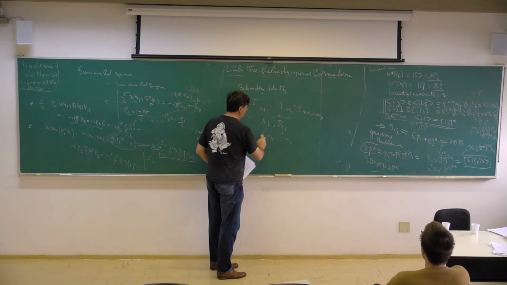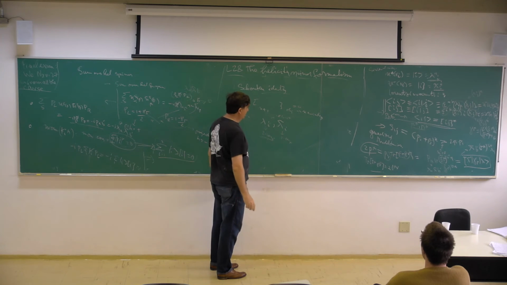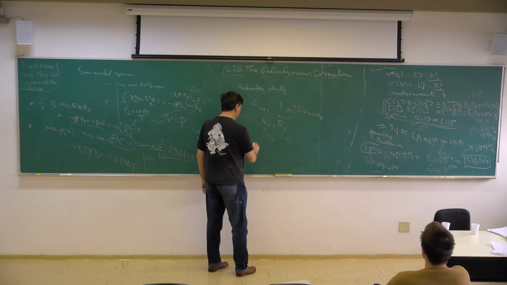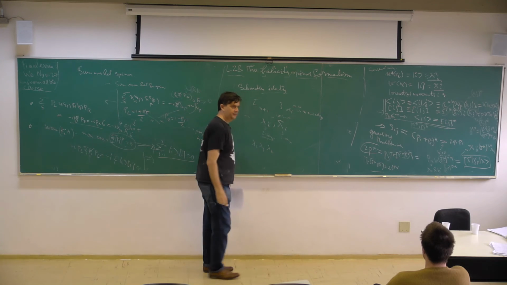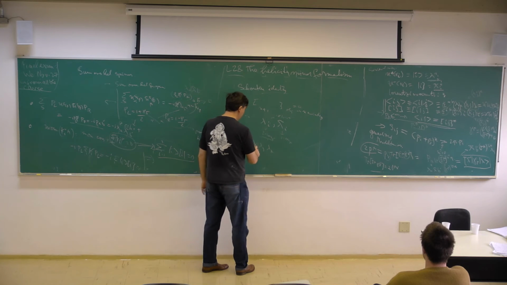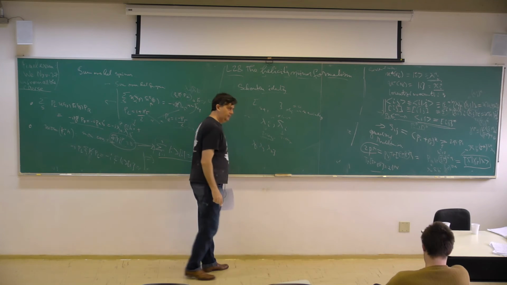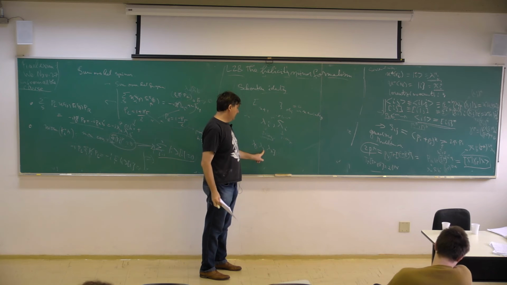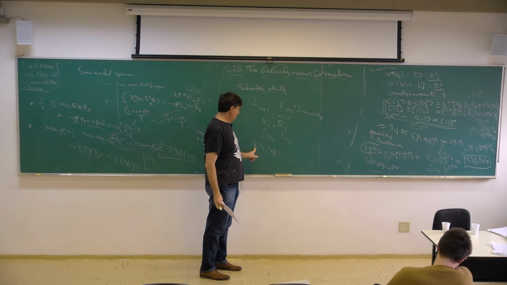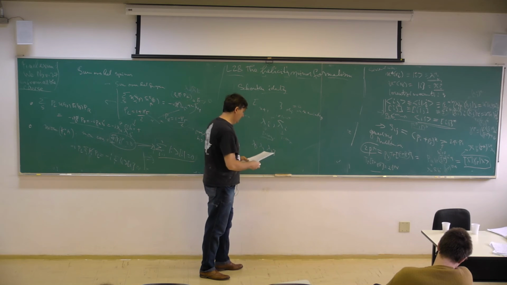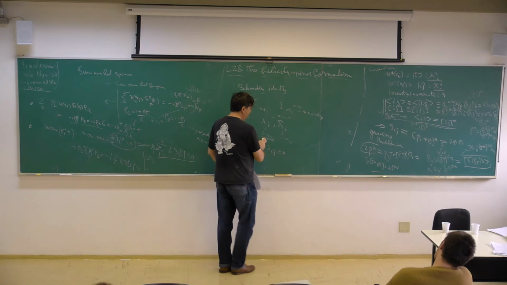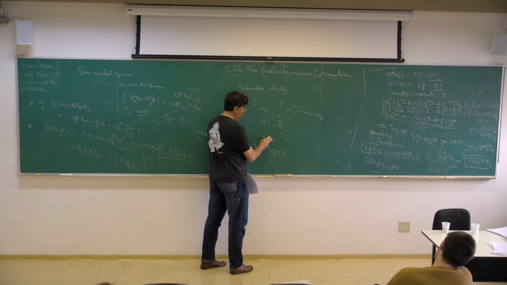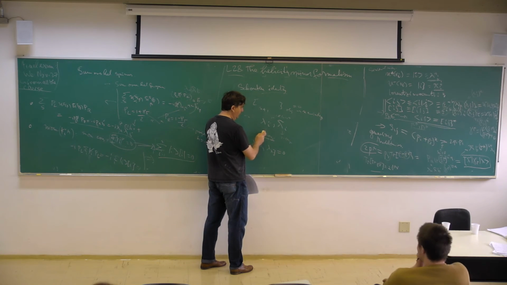But now, if these are two components, that means if I have 3 of them, and I totally antisymmetrize, now these 3 must be different, but there's no 3 different components because we only have 2 component spinors.